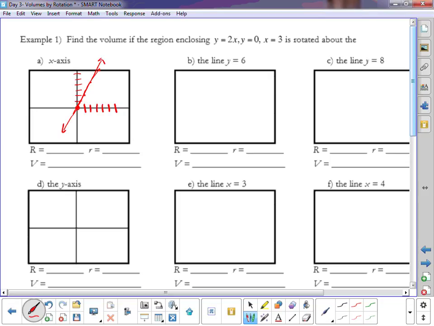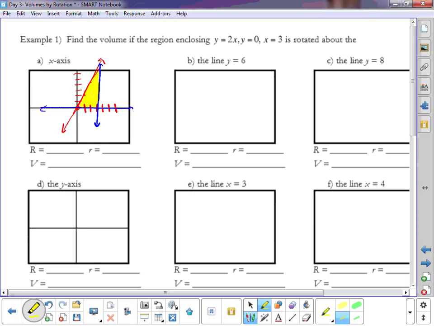We want to enclose by that line, y equal to 0, and x equal to 3. So we've got this region in here. Go ahead and shade that in. This is the region that we're rotating.